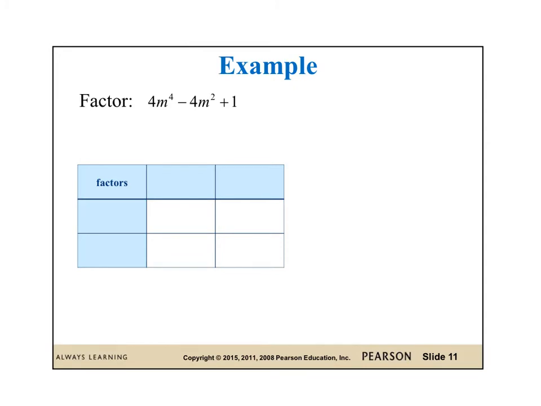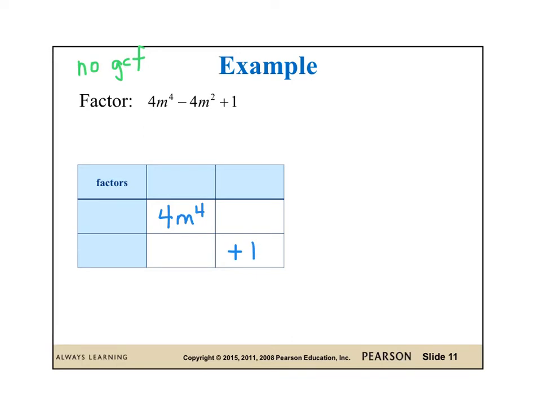Now I'm going to factor this one, and then I'll show you the perfect square part of it. We have 4, 4, and 1, so there is no GCF. And so we're going to put 4m to the 4th in the first box, and plus 1 in the last box.